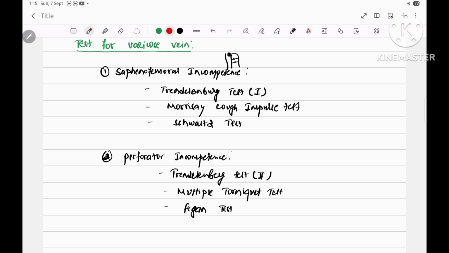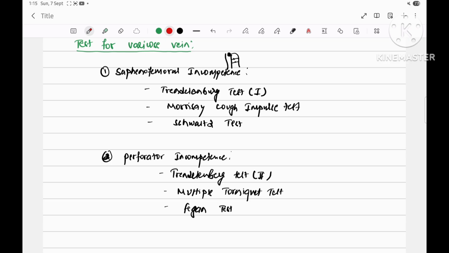In examination, our external examiner asks that give me one single test that can differentiate which type of perforator or which type of incompetence is present in the patient. Only give one test.